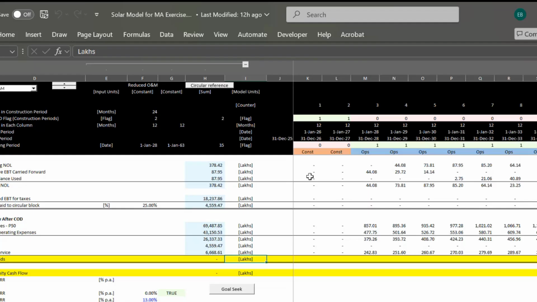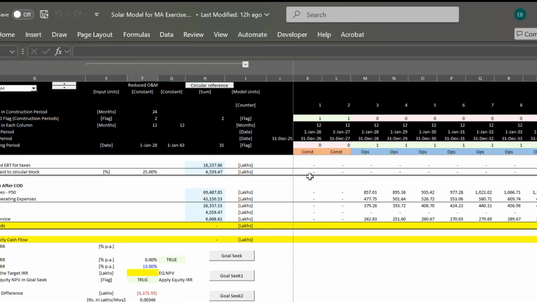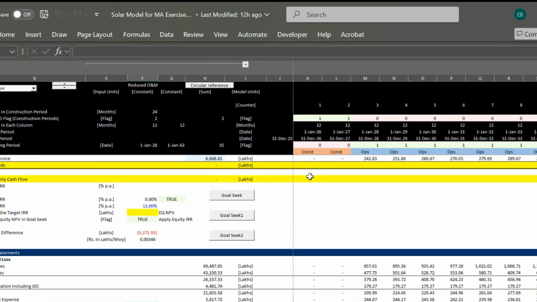I want to make sure that you can fill in the equity IRR and get the equity cash flows. I want to make sure that you can do a basic kind of goal seek with a macro to see what kind of price you would want to achieve that IRR. I think that's already in here.